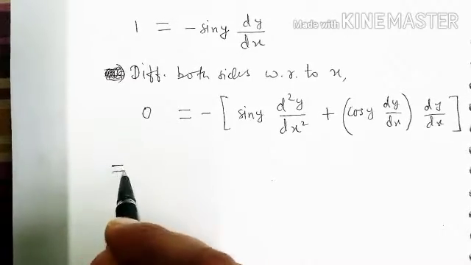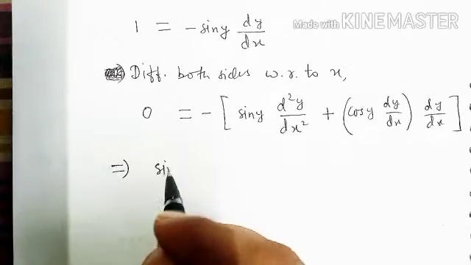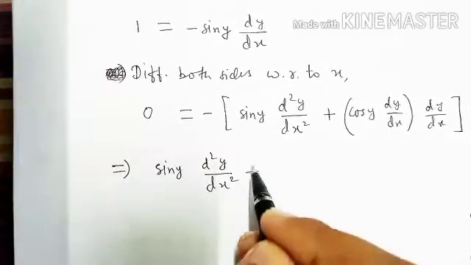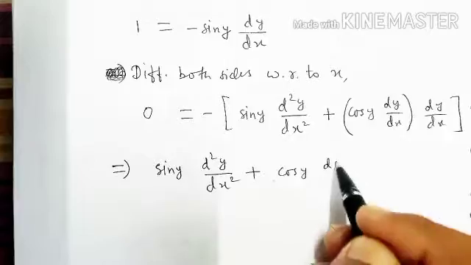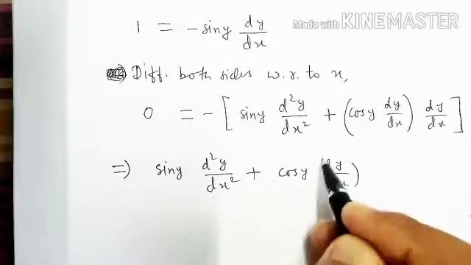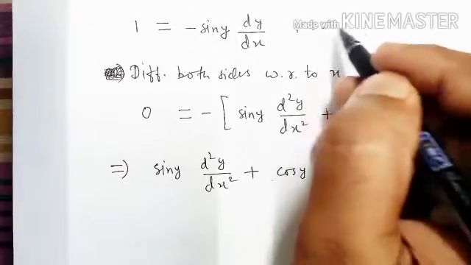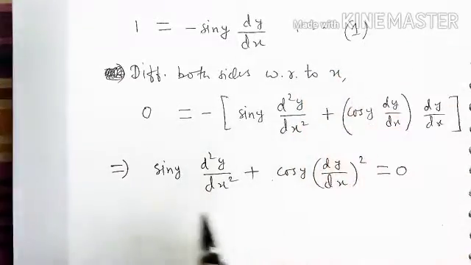This implies that sin y d2y by dx square plus cos y into dy by dx whole square is equal to 0. This is equation 1.